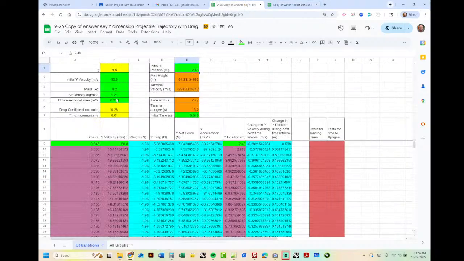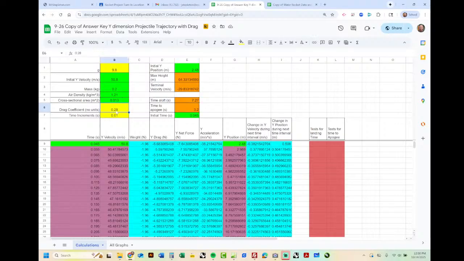So once I have all these proper numbers in here, what I do is I look at how long it took the rocket to get to apogee. If somebody gave me really good data here and they said it took 3.2 seconds to get to its apogee, then I start messing around with the drag coefficient.